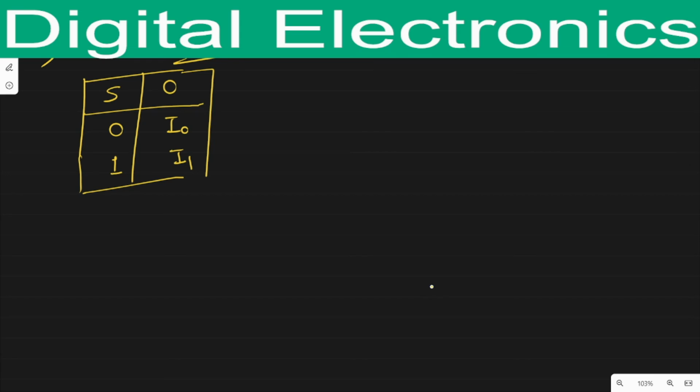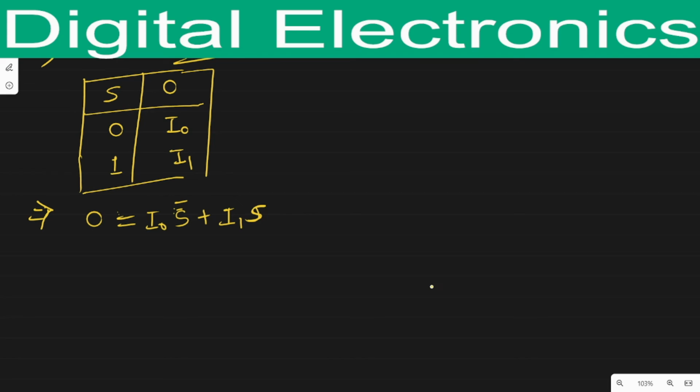Our third step is that by using above truth table we will calculate equation. So what is the equation of output? Equation of output equals I naught into S bar plus I1 into S. This one is the equation of our output.